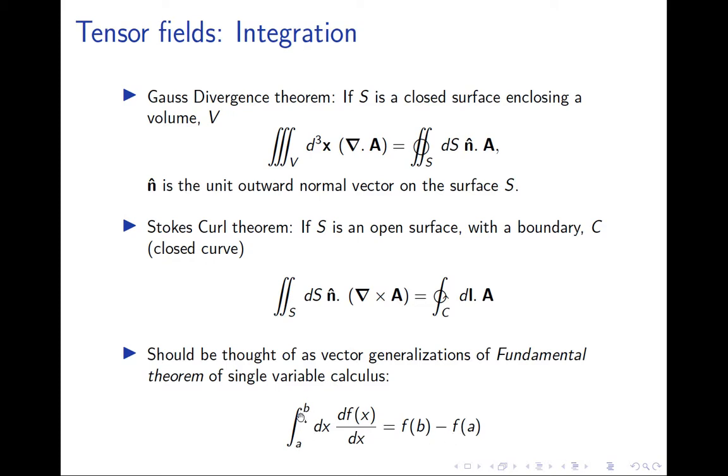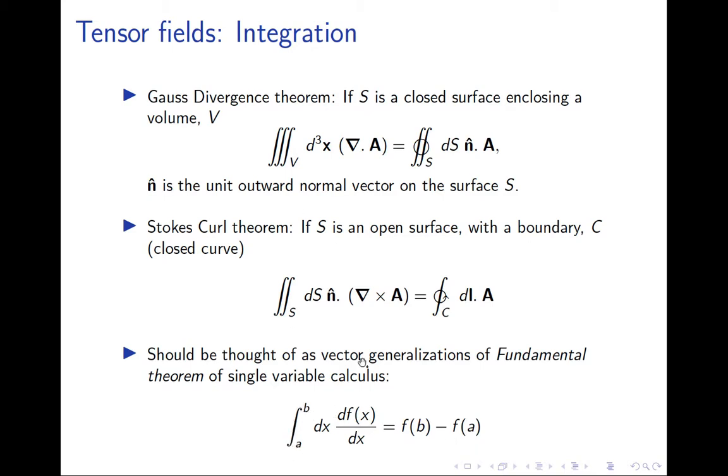So the integral of the derivative of a function is equal to the values of the function at the boundary, with a minus sign because of the outer normal. So this depends only on the values at the endpoints, or the boundary of the segment.